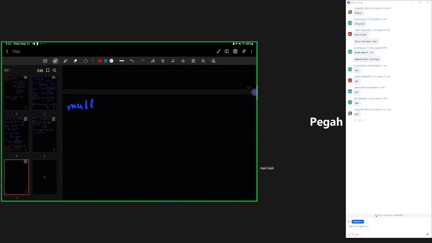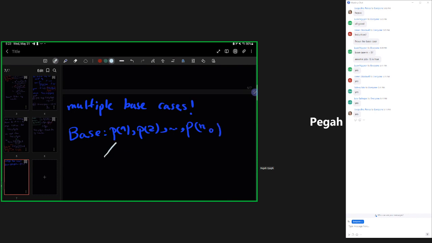If I have multiple base cases, base is not only one, it's going to be P1, P2, and go all the way to P n naught. So it means this is going to be the lowest base case, and this is going to be the highest base case.